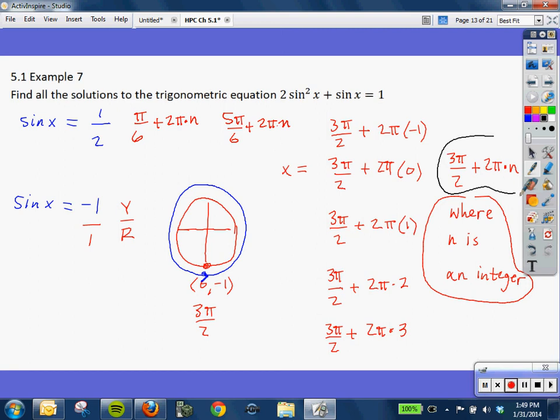It is important to write what n is equal to in addition to the solution. Where n is an integer really is a part of the solution. You have to define what that variable is.